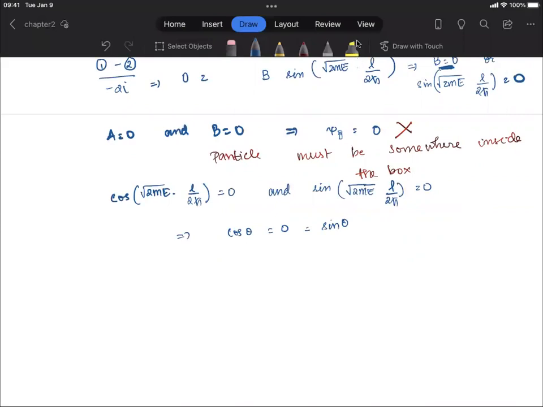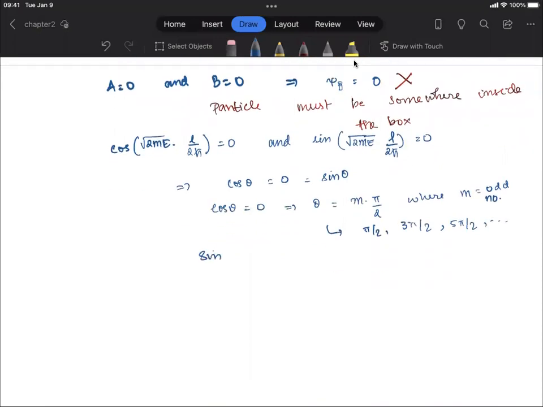That's what this would imply, right? The condition for cos theta to be equal to 0 would imply that theta is some form of, let's say, theta is m pi over 2, where m is an odd number, right? So theta can be pi over 2, 3 pi over 2, 5 pi over 2, and so on.